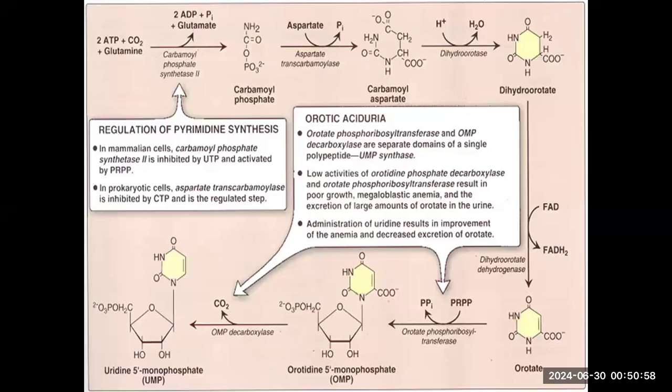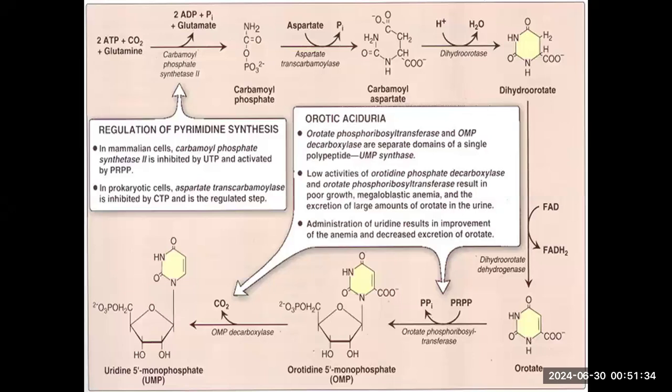Low activity of orotidine phosphate decarboxylase and orotate phosphoribosyl transferase both result in poor growth, megaloblastic anemia, and excretion of large amounts of orotic acid in urine, which is known as orotic aciduria. The cure, or improvement, is by the administration of uridine, which results in improvement of the anemia and decreased excretion of orotic acid.